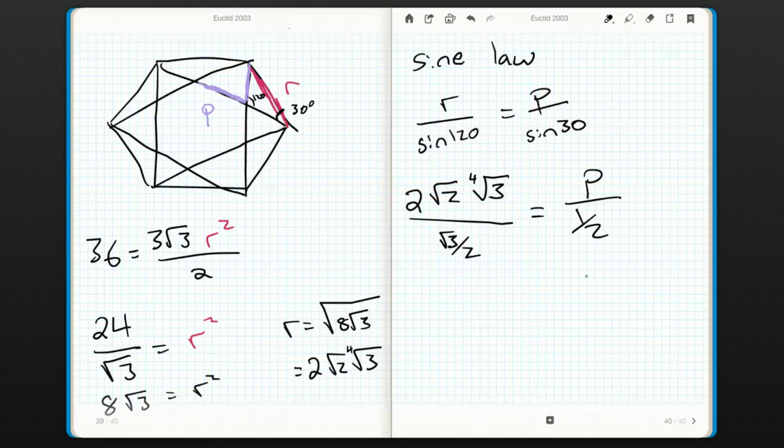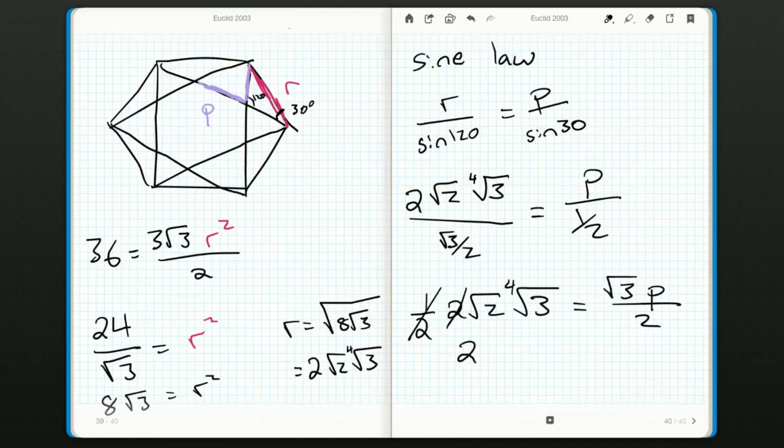Okay. So, what can we do now? Well, we can cross multiply. We'll get 1/2 times 2 root 2 4th root of 3 is equal to root 3 P over 2. Those guys will cancel.